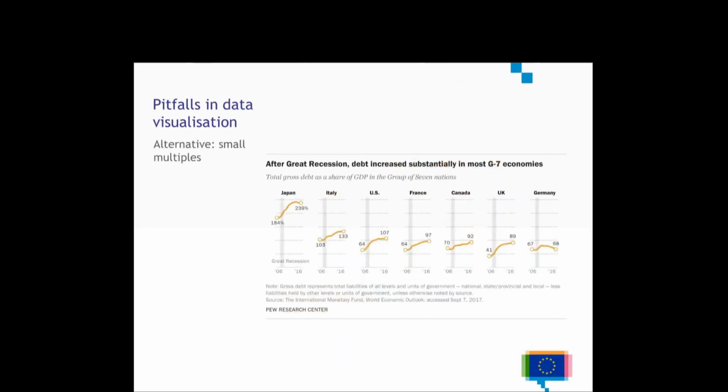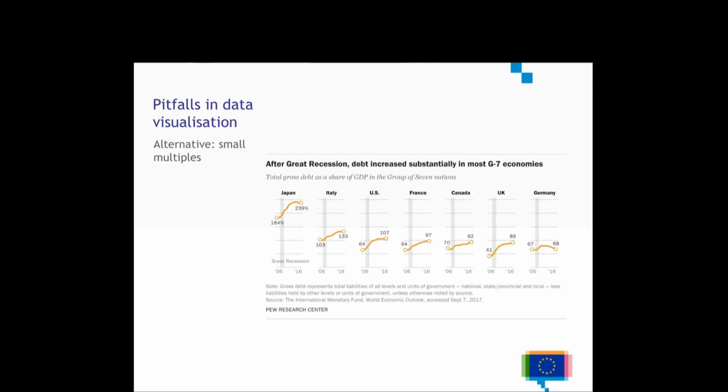The guideline here would be to only use one chart for one message and not try to put multiple messages into a single chart, because this will be overwhelming for readers. And one alternative technique that you could use to do just that is to use small multiples.